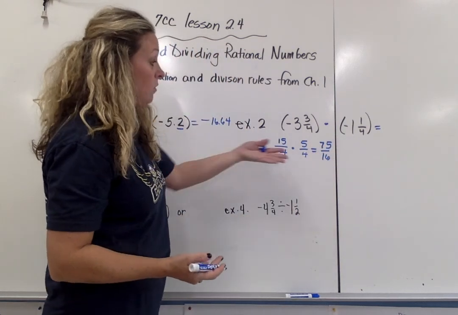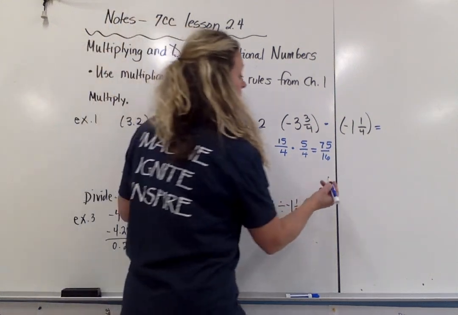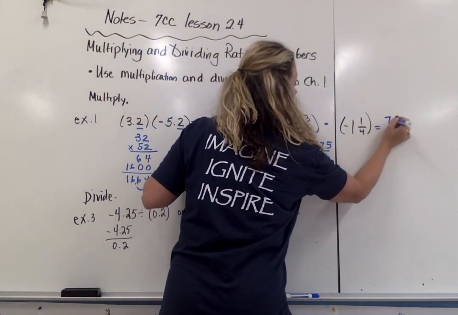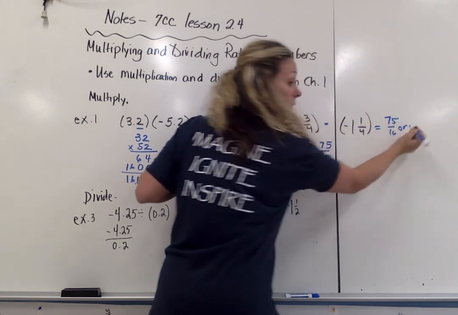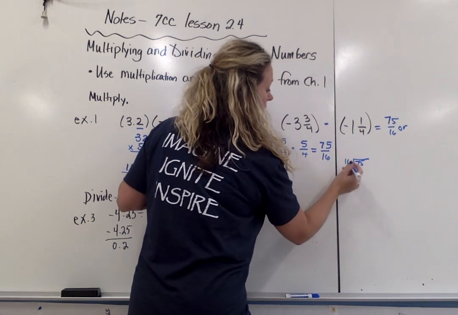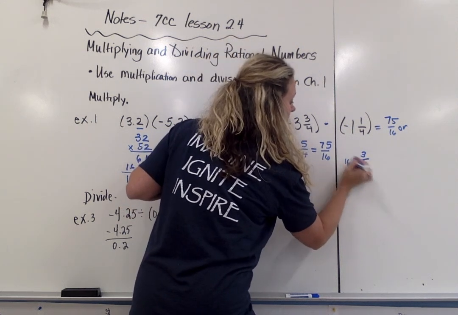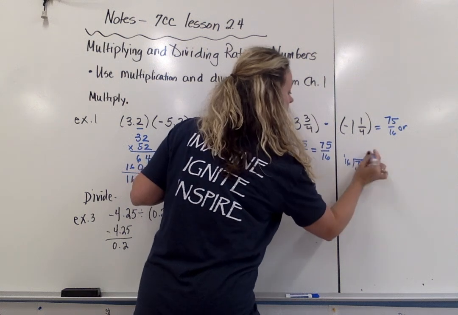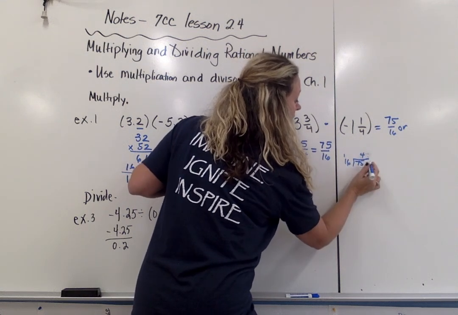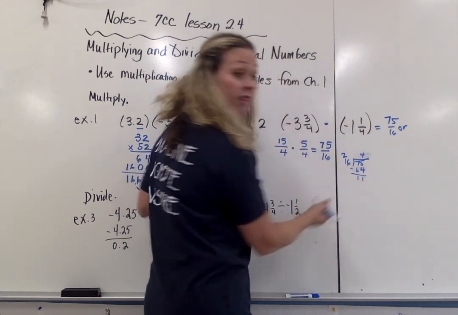I can leave that the way it is, or I can transfer it into a mixed number. So I would accept 75/16, or 75 divided by 16. 16 times 3 is 48, not enough. I'm going to try 4, that's 64. Okay, that works.